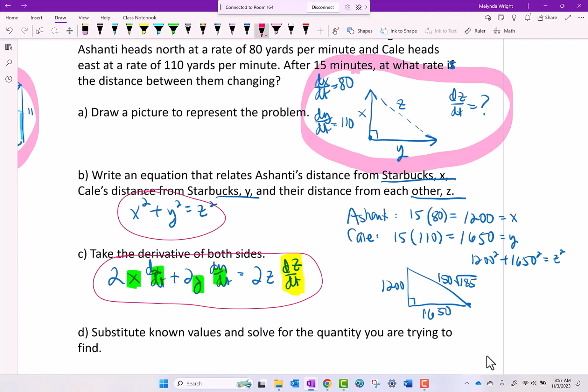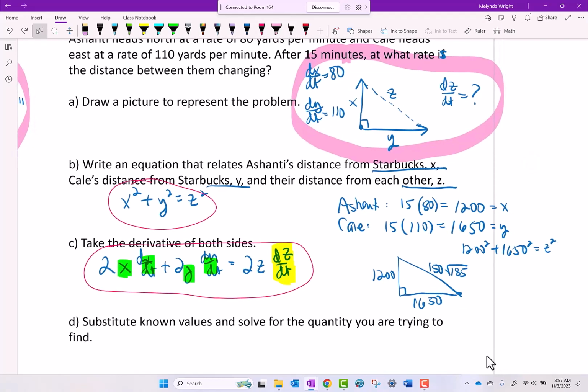The more we do, I think the easier it'll be. So we take the derivative, and we are going to use the derivative equation. The 150 root 185 is not our final answer.